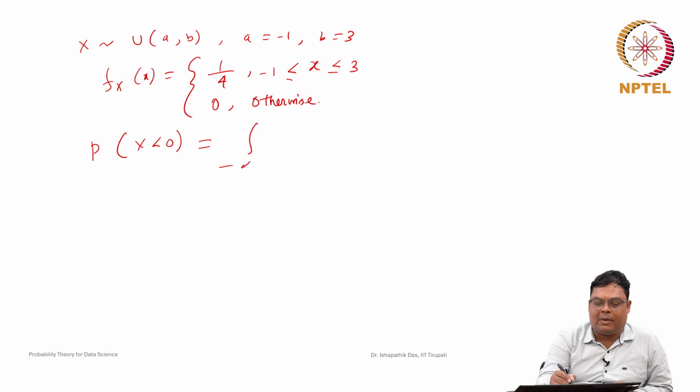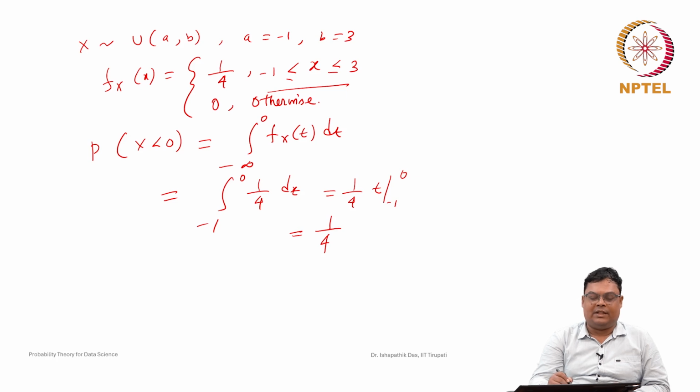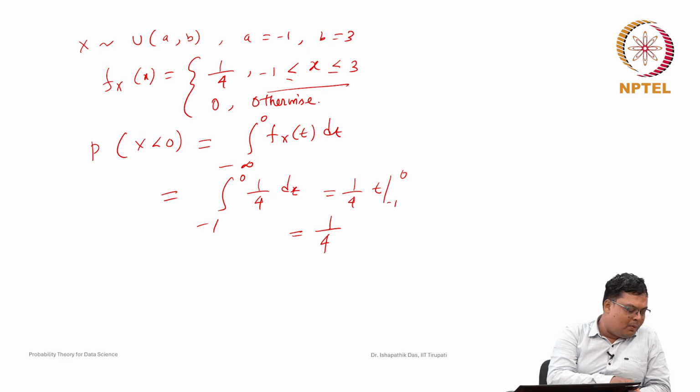The probability that x is less than 0 is the integral from minus infinity to 0 of f(t) dt. Because it is non-zero only inside this interval, this is the integral from minus 1 to 0 of 1 by 4 dt, which is 1 by 4 t with limits minus 1 to 0. Then this is 0 minus minus 1, which is 1, so it is 1 by 4. So, the probability that x is less than 0 is 1 by 4. This is one numerical problem where we can use the uniform distribution.